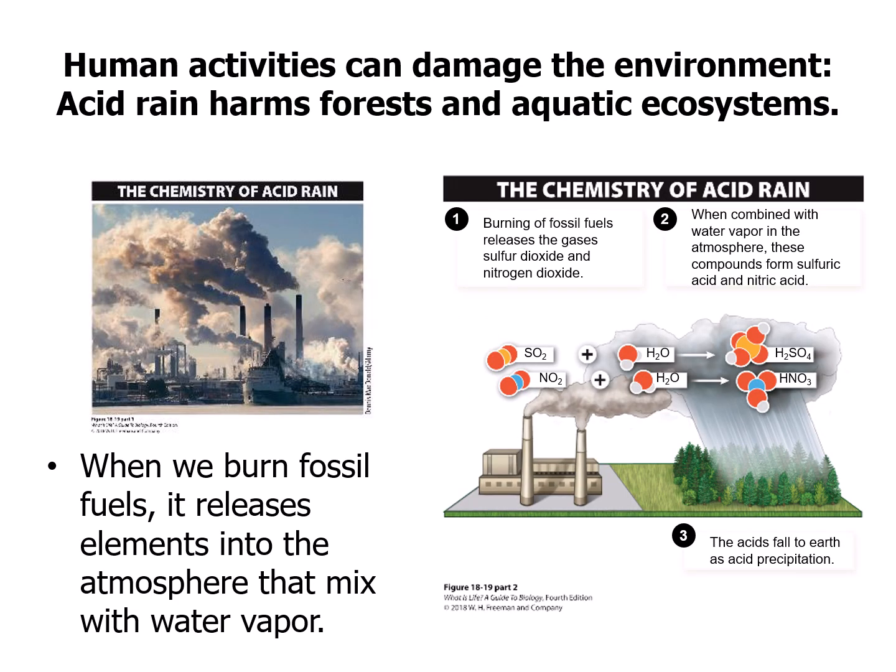Another way that human activity damages the environment is through something called acid rain. This occurs as we burn fossil fuels. The way that things go is up, and as the saying goes, what goes up must come down.